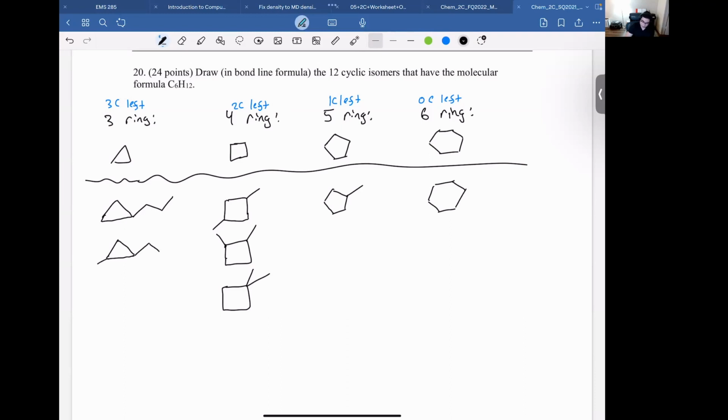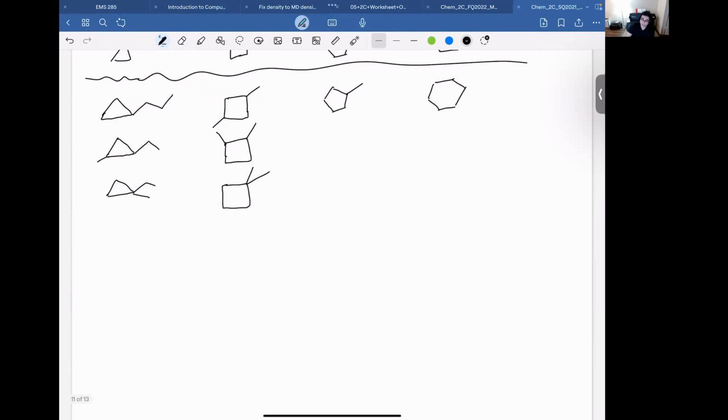If I move the methyl group up, word of warning, these 2 are the same, right? It's kind of like flipping this one over, pretty much. And then you could flip this one as well because you can rotate around single bonds, but those are the same. Another one is I could have the ethyl and the methyl on the same group like that. This is it for an ethyl and methyl group.